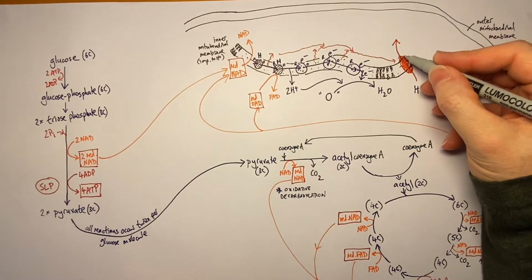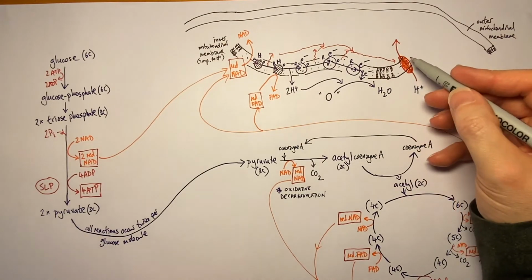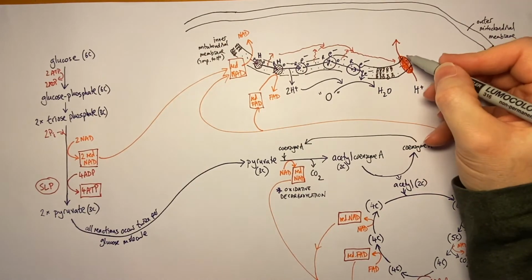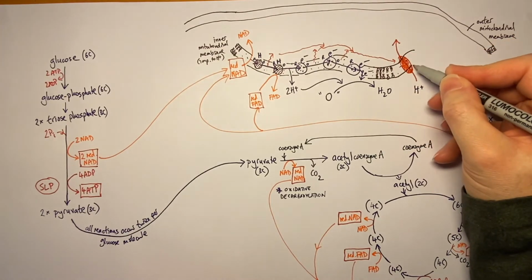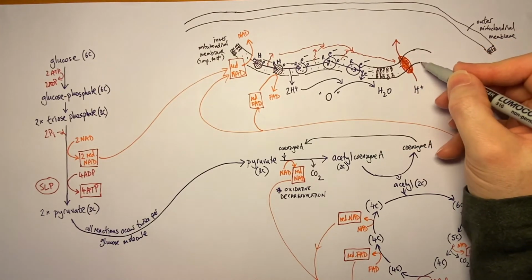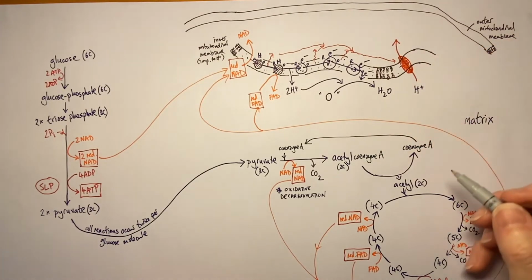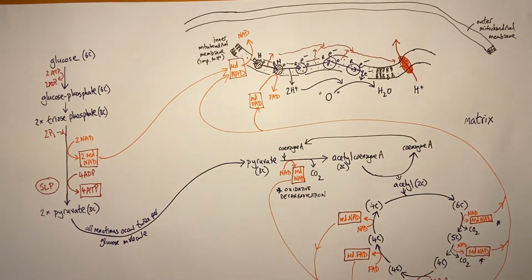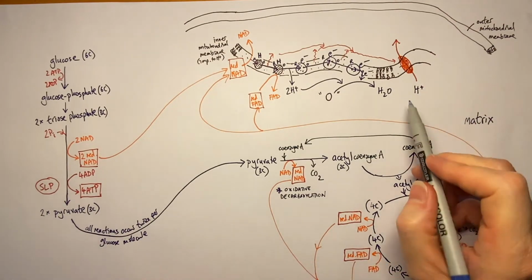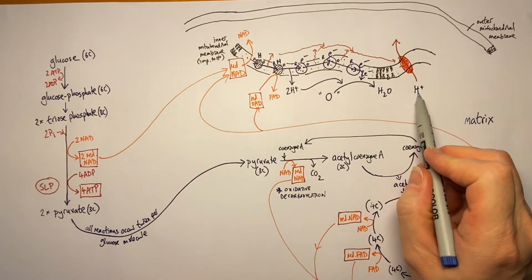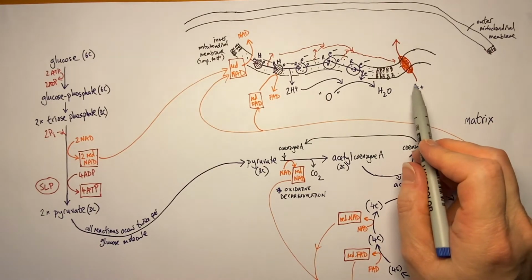And then this membrane, which is the inner mitochondrial membrane, has in it some other structures. Now these other structures are going to respond and use the hydrogen ions that have been pumped into there.